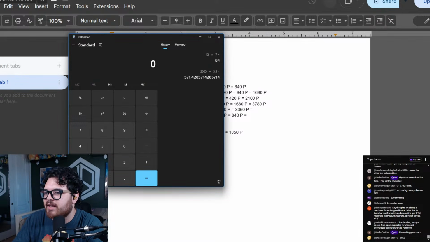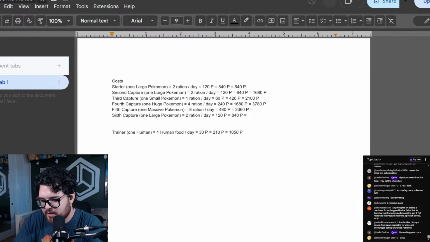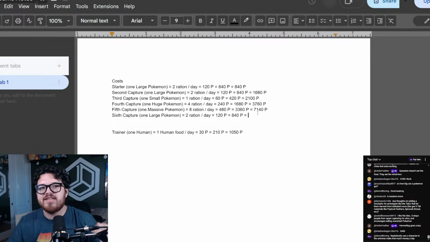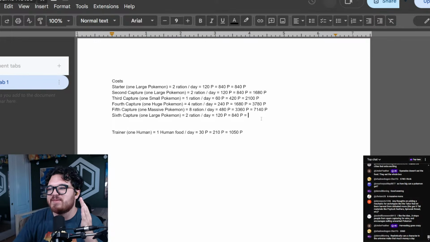Okay. So then clear 3360 plus 3780 is 7,140. 7,140p, which then if we add, I could have done this in a spreadsheet and it would have done it automatically for me. It's only now occurring to me, and that upsets me so much.